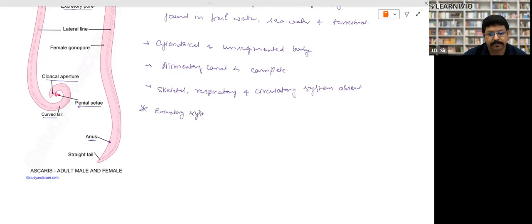Excretory system consists of gland cell. That you need to remember. So gland cell is excretory system, and ammonia is excretory product.